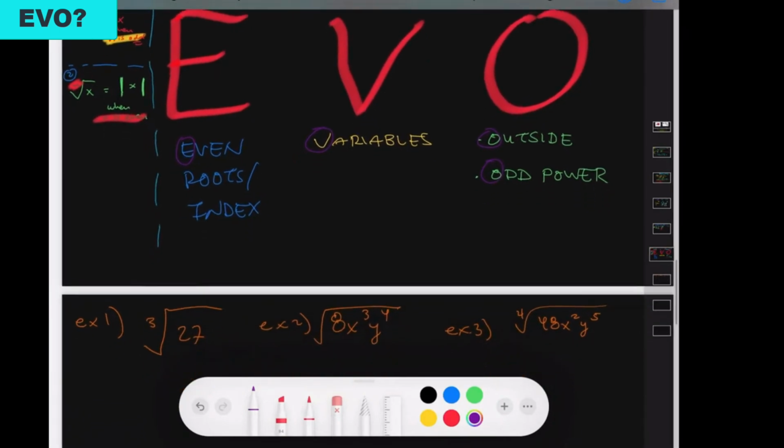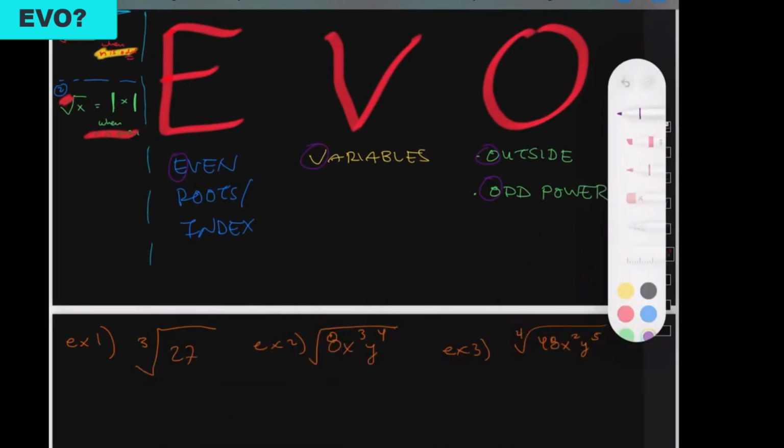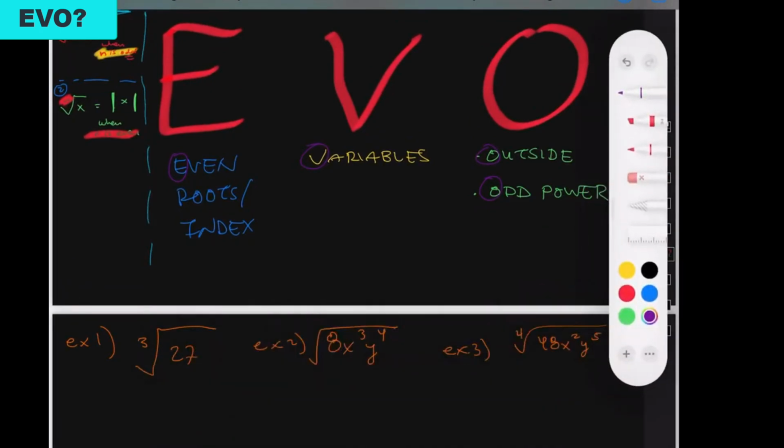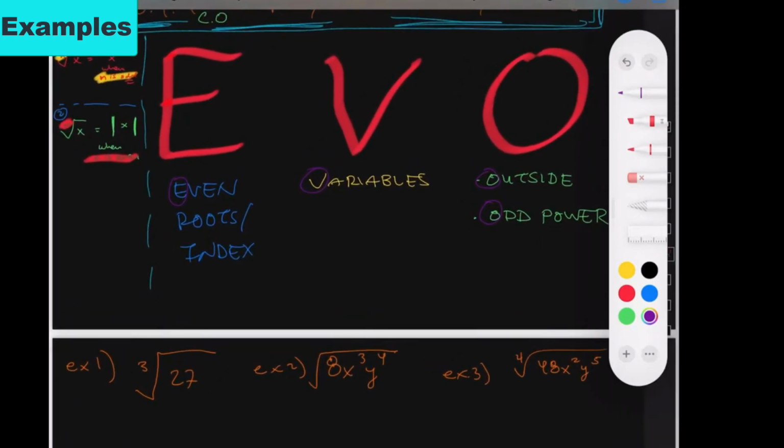Okay, let's go ahead and try this example down here in orange. Example number 1. I want the cube root of 27. Now let's think about this. Can I apply this EVO statement to it? Well, no, you can't, because number one, this is not an even root or index, the E part of EVO.